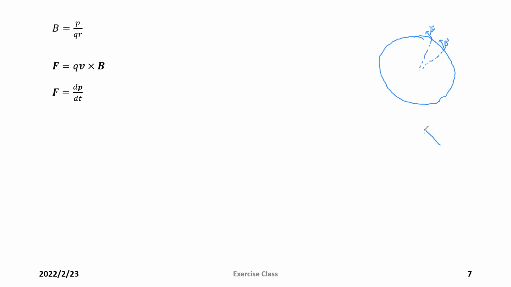It's something like this, and we can assume the angle here to be delta theta. By simple geometry, you can see the angle between the two momentum vectors is also delta theta.